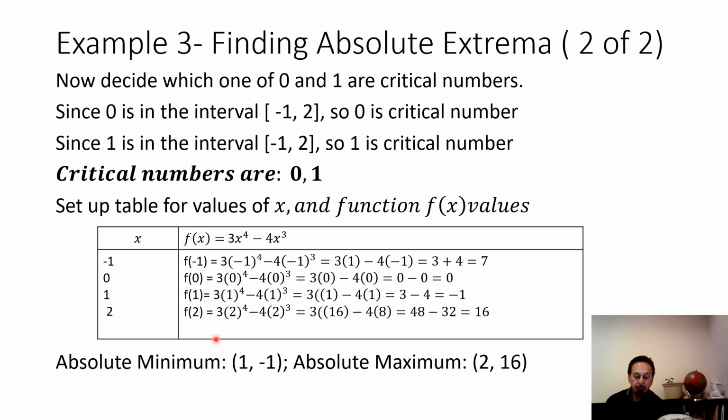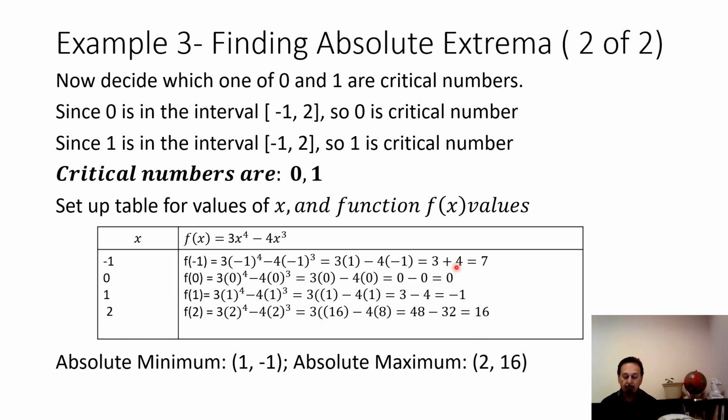Now we substitute 2: f of 2 equals 3 times 2 to the 4 minus 4 times 2 cubed, which is 3 times 16 minus 4 times 8. 16 times 3 is 48, and 4 times 8 is 32. So 48 minus 32 is 16.